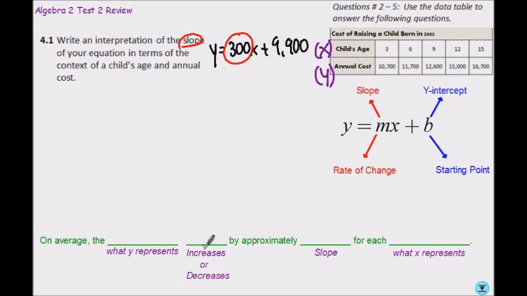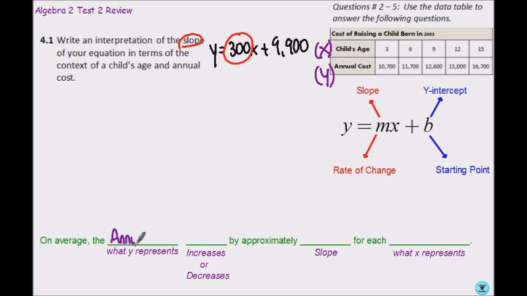Well, if it's a positive slope, that means that it's increasing, which we already know. Or if it's a negative slope, it's decreasing by approximately whatever the slope is for each, and then whatever x represents. So the way that I would write this is I'd say on average, and what y represents is the annual cost.